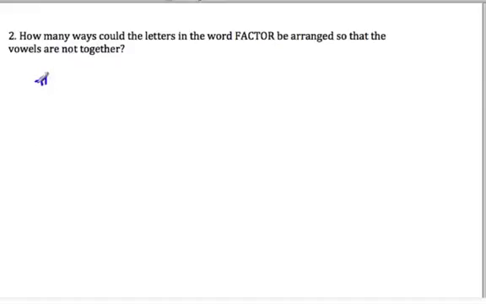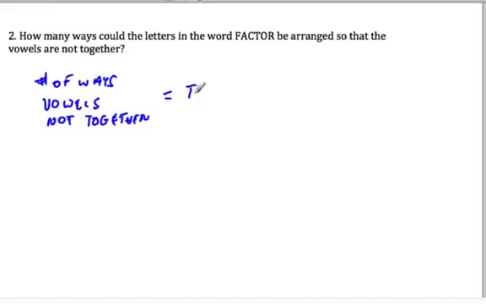The number of ways that the vowels are not together will be equal to the total number of words that we can make out of this just by jumbling the letters.